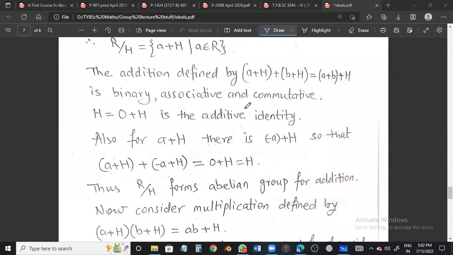Now the question of additive identity comes. So H itself is 0 plus H. It will be the additive identity because it being the kernel of that particular map, it becomes the additive identity. Also for A plus H, there is minus A plus H, so that if I add them, I get 0 plus H, which is H itself. Means minus A plus H is the additive inverse of A plus H. Followed this?